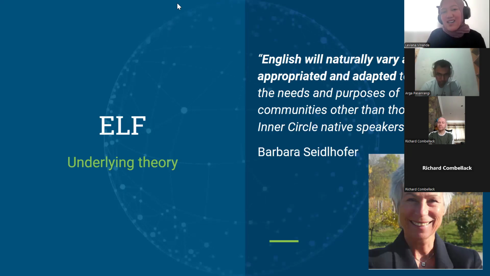That means there are now varieties of English, not limited to the inner circle varieties, which is the British variety or American variety or Australian variety, but it's more. There is Singaporean English, Thai English, Indonesian English, Italian English, and whatever. Because English naturally will vary and be appropriated and adapted to serve the needs of the community who use it, including the community of teachers like us.